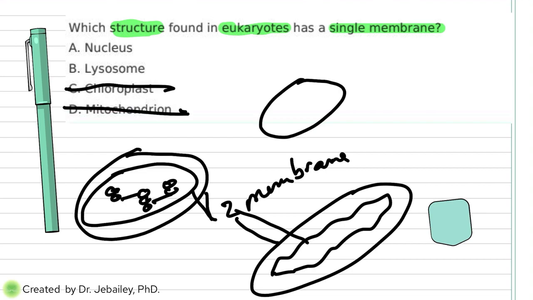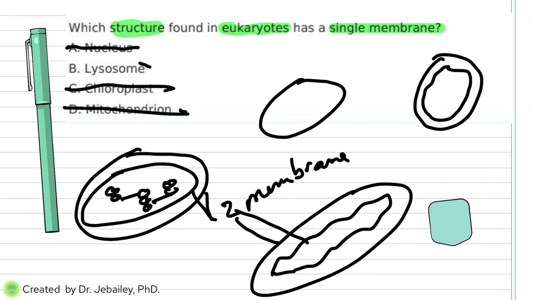So the nucleus usually is protected by a double layer too. Many students don't know about that, because it has to protect the DNA. So the nucleus is also two layers. So the right answer is a lysosome. A lysosome is only made of one layer. And that's the right answer. So the answer is B.